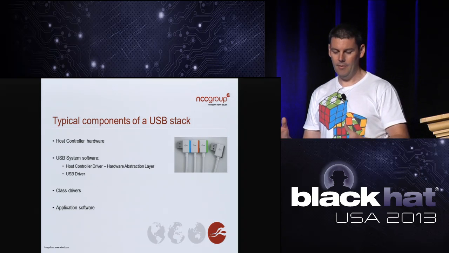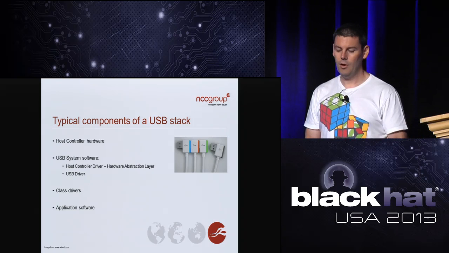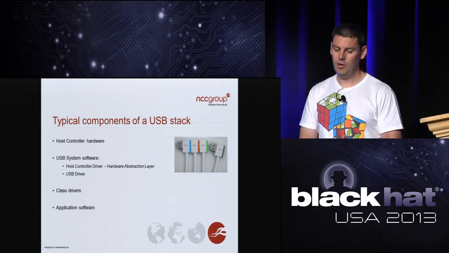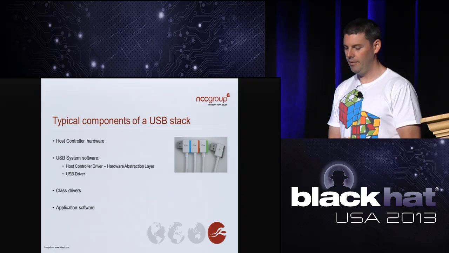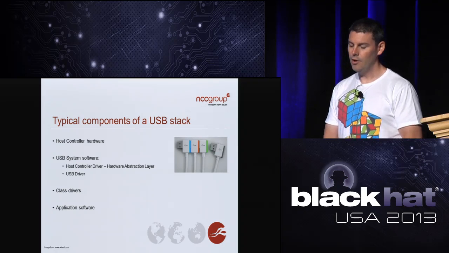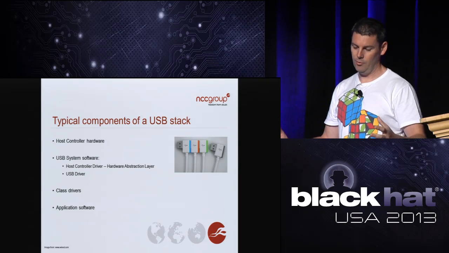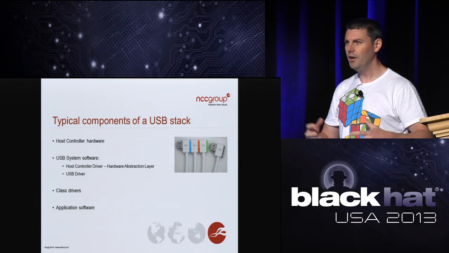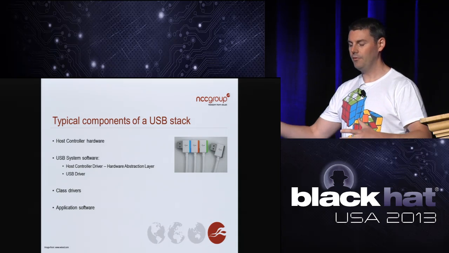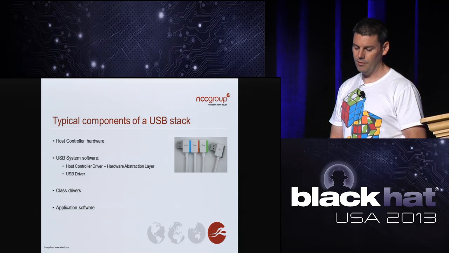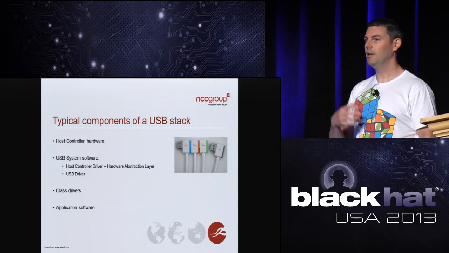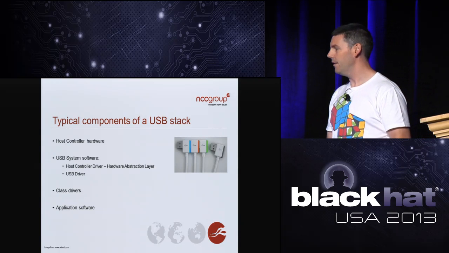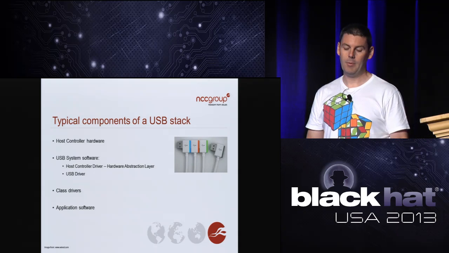Above the host controller, you'll have the host controller driver, which provides a hardware abstraction layer to the USB driver, which is the core component within the host that performs the enumeration that we just talked about and understands how to pass off information to the appropriate class drivers. Above that, you have the specific class drivers, so for example, a mass storage driver, printer driver, that kind of thing. And then above there, the application software.